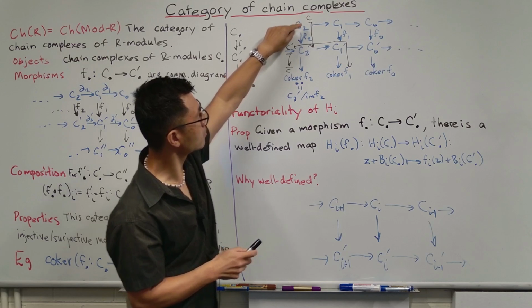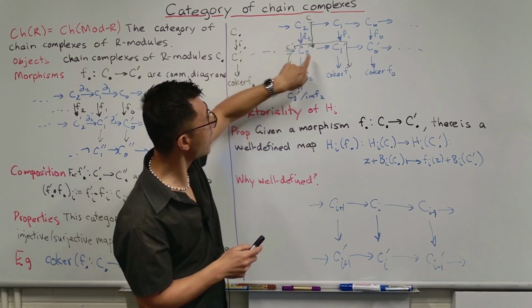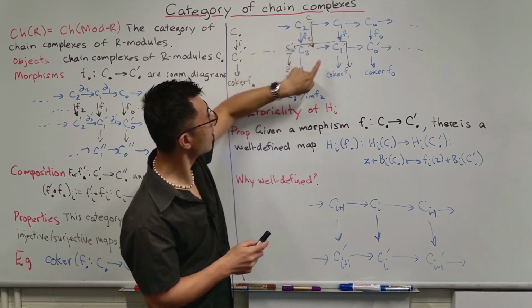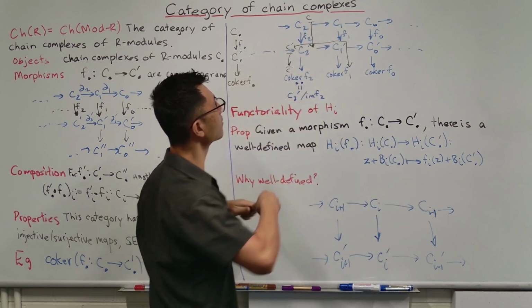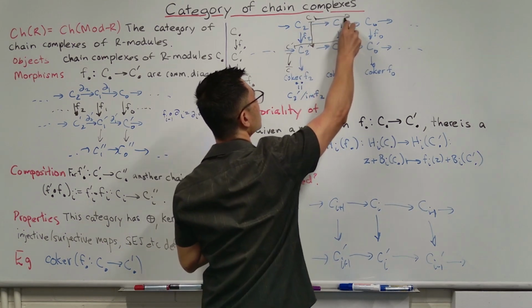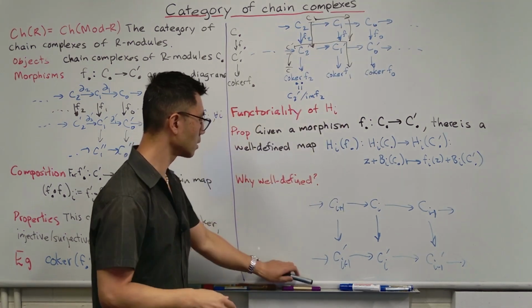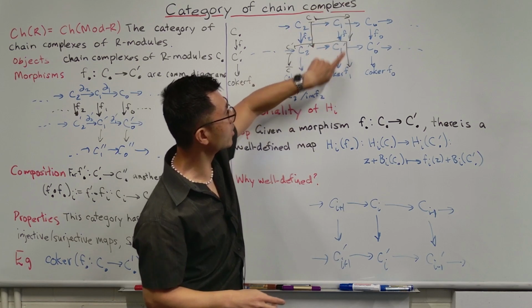So you have the image of C in here, and you map over here. So if you go down this way though, and then go down this way, well, going across like this, since this square commutes, it's the same as if you go around this way, and then you go around this way and then go down.